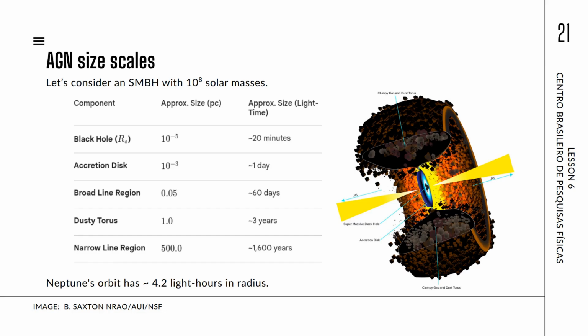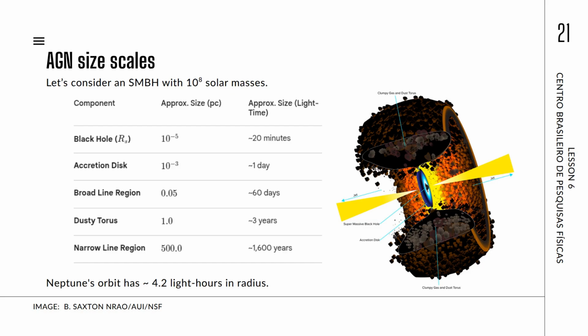Now, just to give you some notion about the sizes we are talking about. For a supermassive black hole with 10^8 solar masses, the black hole radius is nearly 20 light minutes. The accretion disk is of the order of 1 light day. These are approximations.